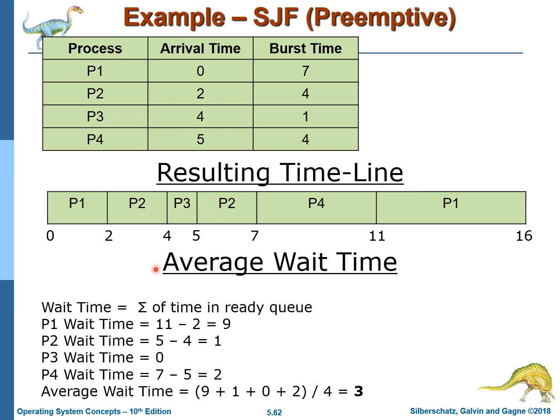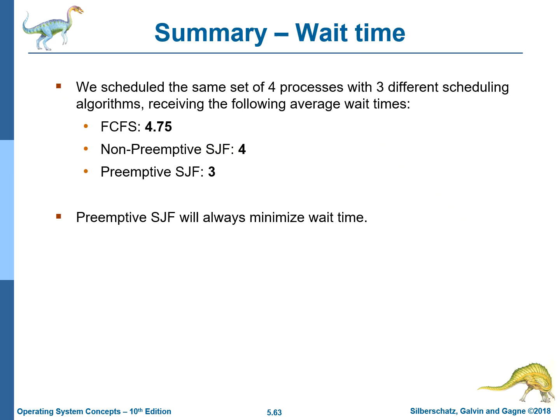So we minimize the average wait time across all processes, despite having a little extra overhead. Cool. So that's preemptive shortest job first, and the summary is that as we get more aggressive about prioritizing the shorter processes, we lower our wait times.